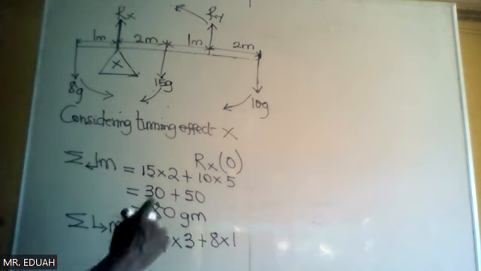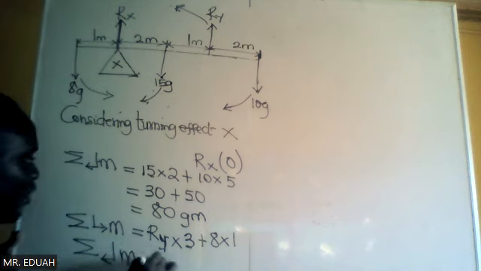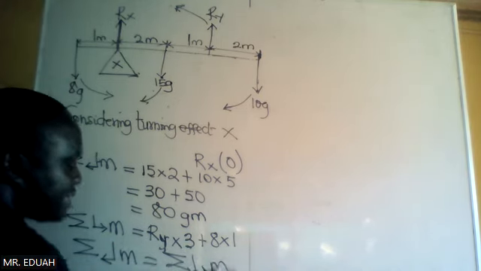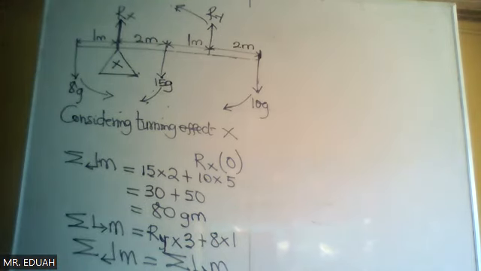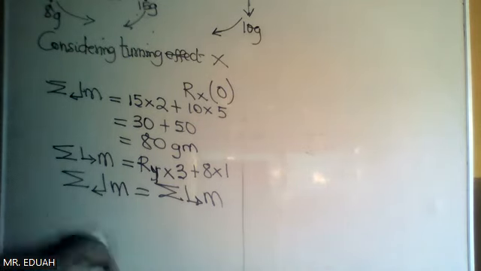Okay, so the sum of clockwise moments equals the sum of anti-clockwise moments. So equate. And this is where, if we had multiplied to convert to forces, the value is the same because g will cancel out.